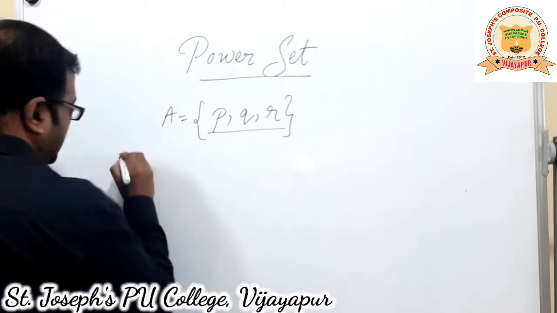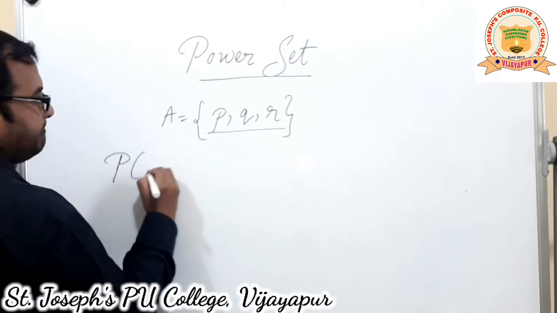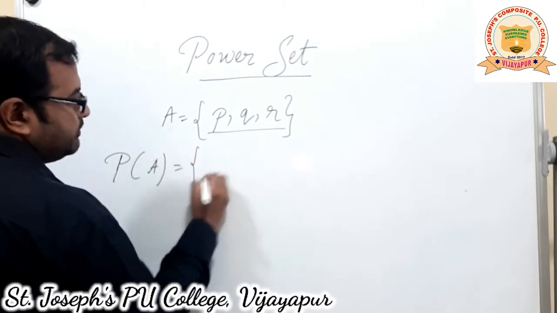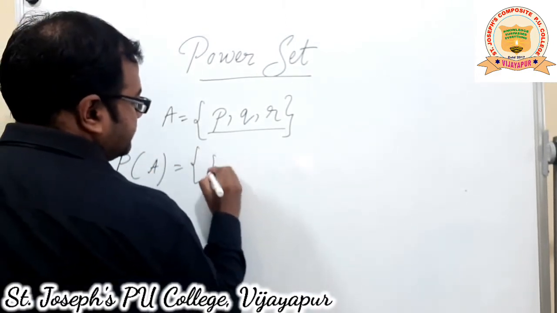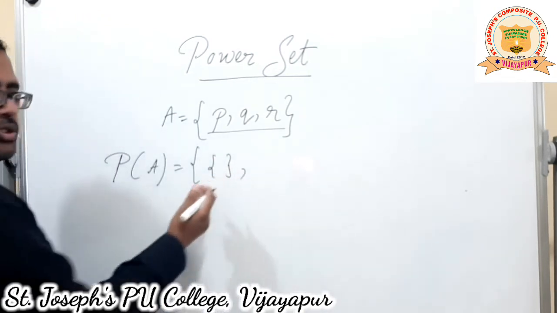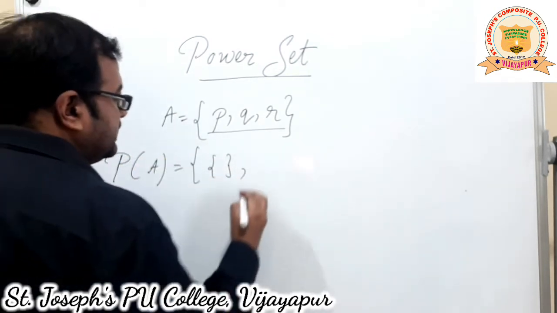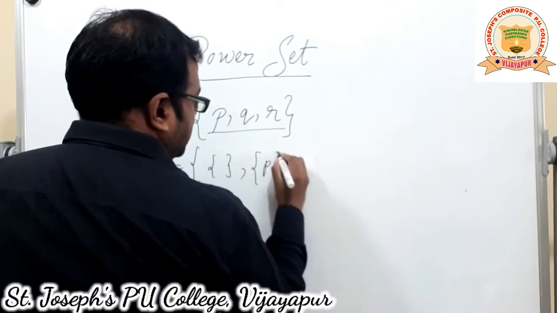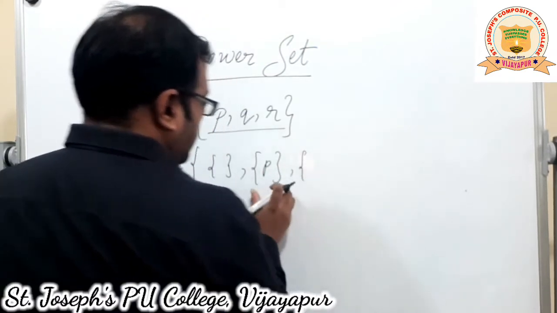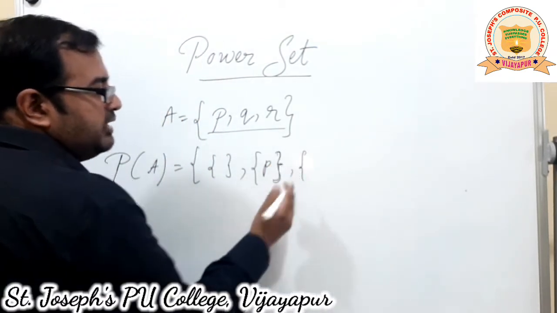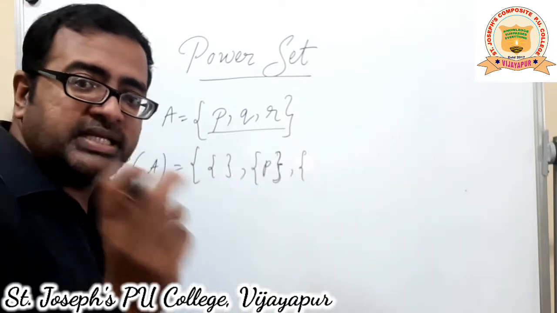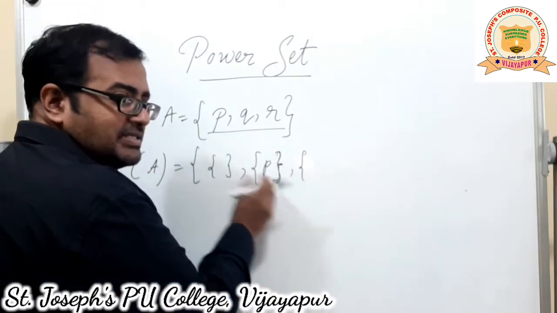P of A is equal to, the first set is the null set. I can use phi also, the null set symbol. Then the singleton set {P}. Each element must be written in braces because I am writing a set.